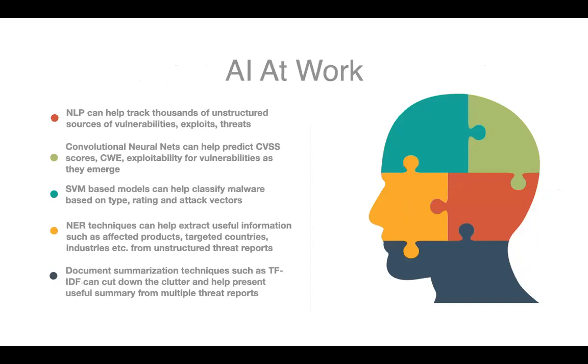Okay, so here is under the covers how we do it, and how other folks do it. So first bullet point is NLP can help track thousands of unstructured sources of vulnerabilities, exploits, and threats. So NLP is natural language processing. Essentially, we're employing machines to go through and gather these blobs of data.